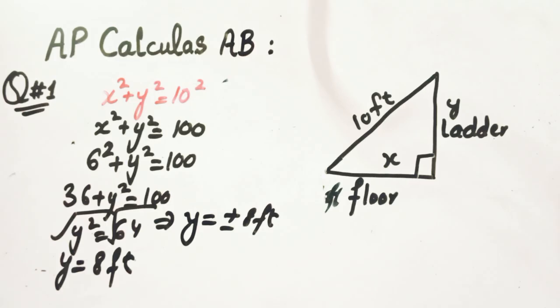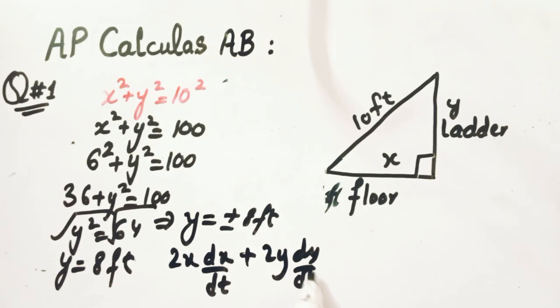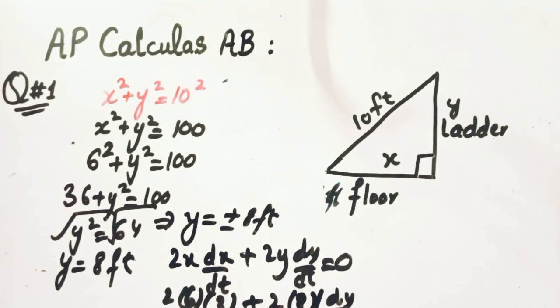Now we will substitute and solve this. We have the equation 2x dx by dt plus 2y dy by dt equals 0. We have 2 into, in place of x we substitute 6, dx by dt is 3, plus 2 into y is 8, and dy by dt.